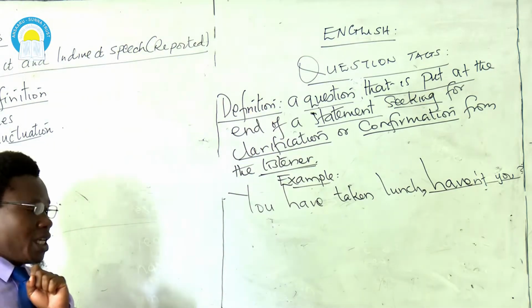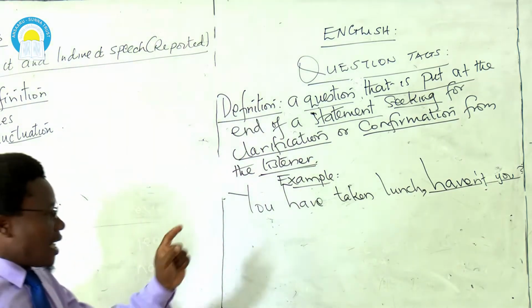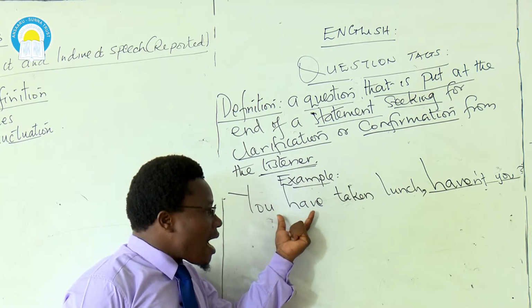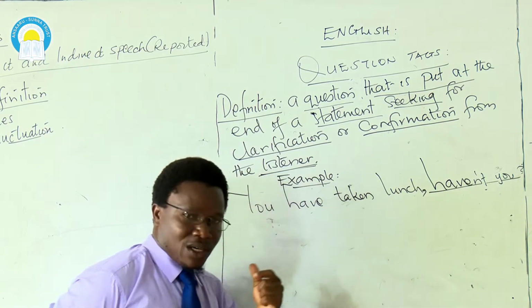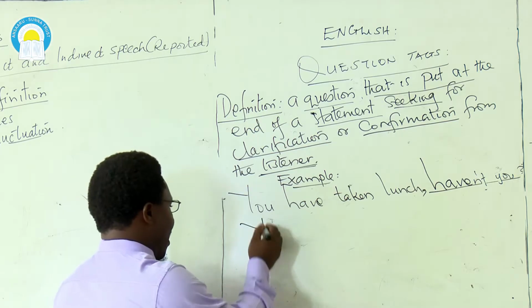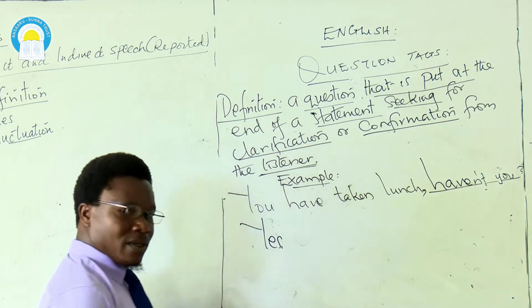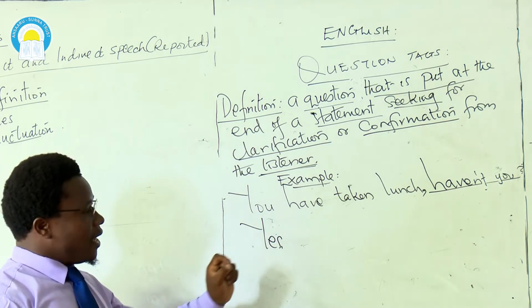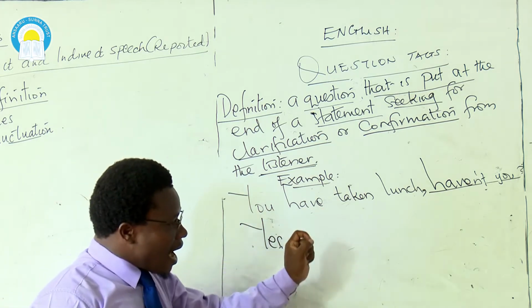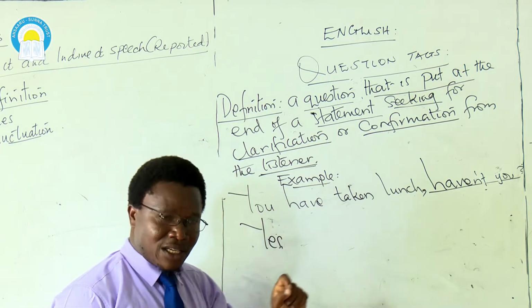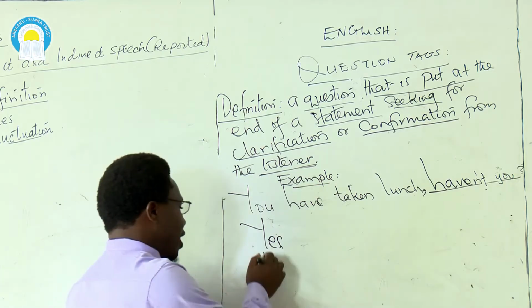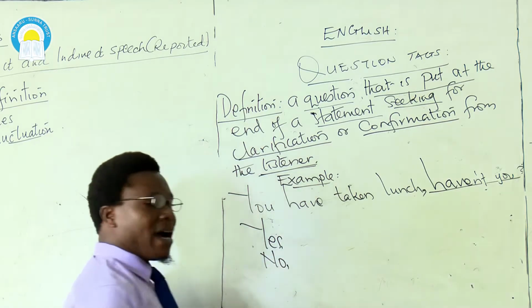The response is very simple. If this listener had taken lunch, he will say, yes, I have. However, if this listener had not taken lunch, in denial, he will say, no, I haven't.